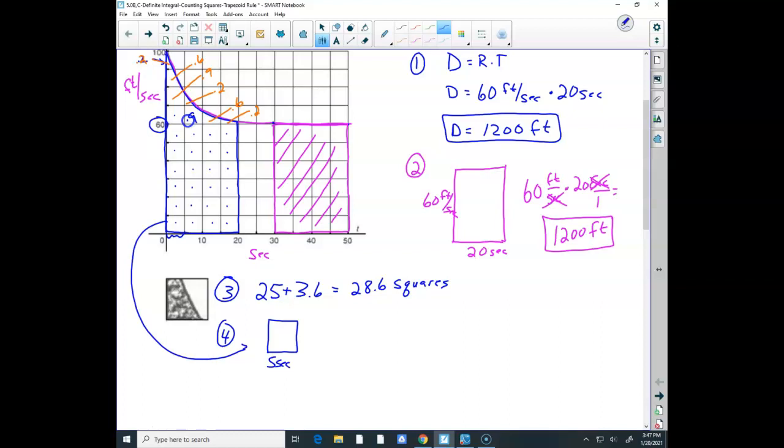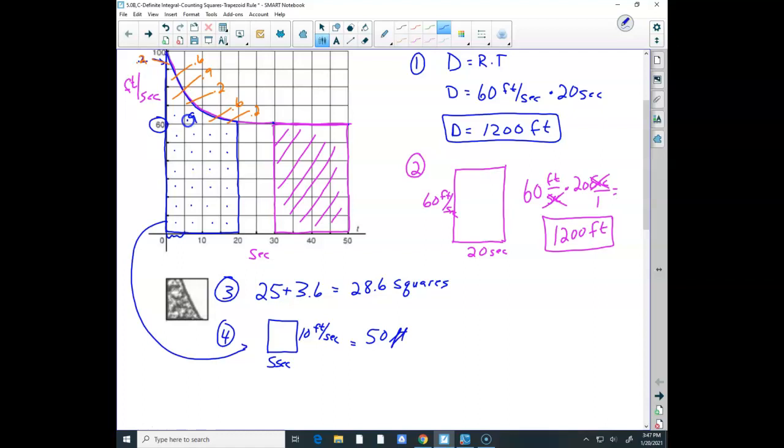And vertically, I'm going 10, 20, 30, 40, 50, 60. So this is 10 feet per second. So each square actually represents 50 feet, right?